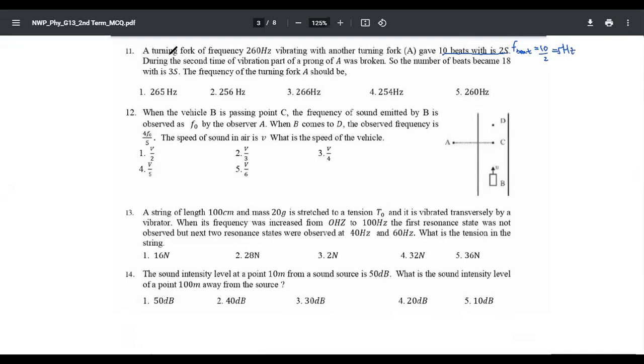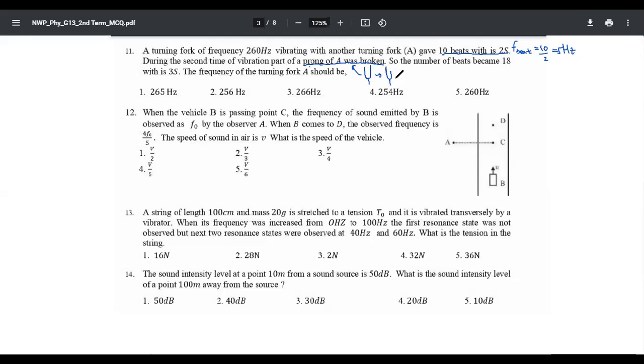During the second time of vibration, part of a prong of A was broken. So if the prong of A was broken, it will be like this. It becomes this.